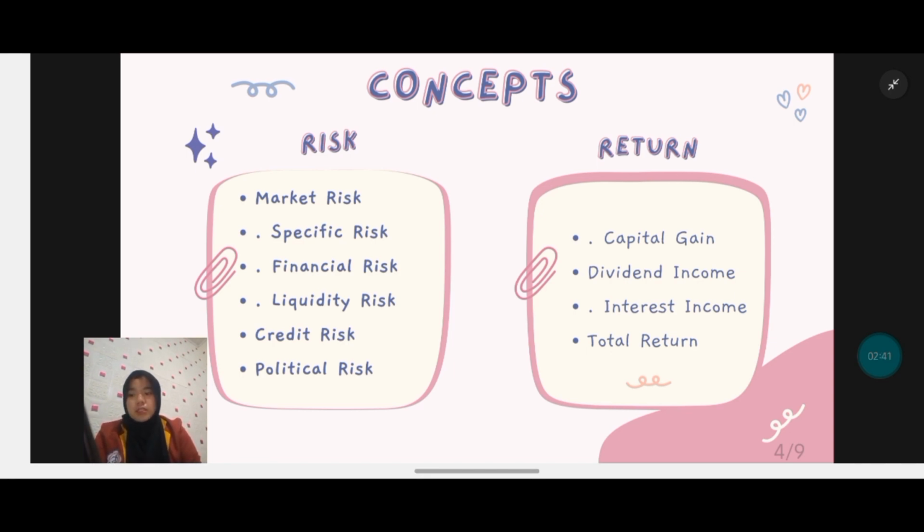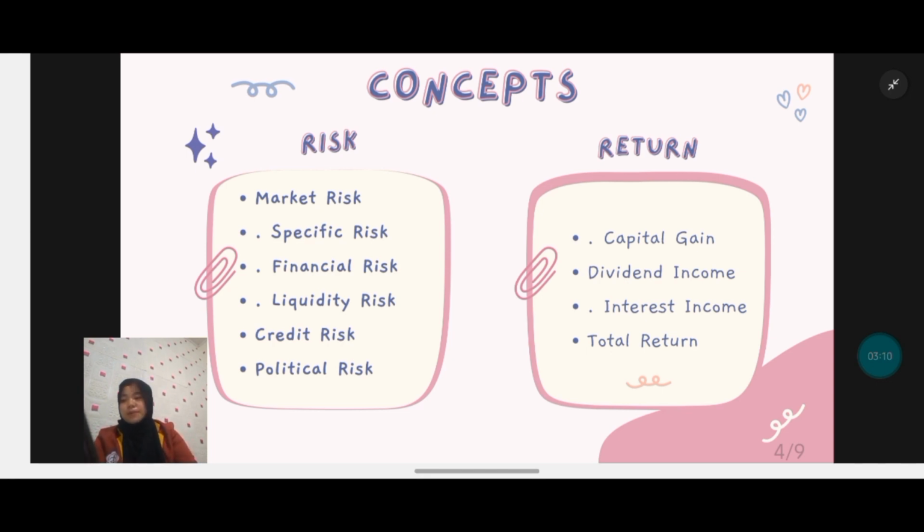Credit risk is the risk that a borrower or issuer will fail to meet their financial obligations. Next, political risk. This is risk associated with changes in government policies, regulations, or geopolitical events that can affect investments, particularly in international markets.